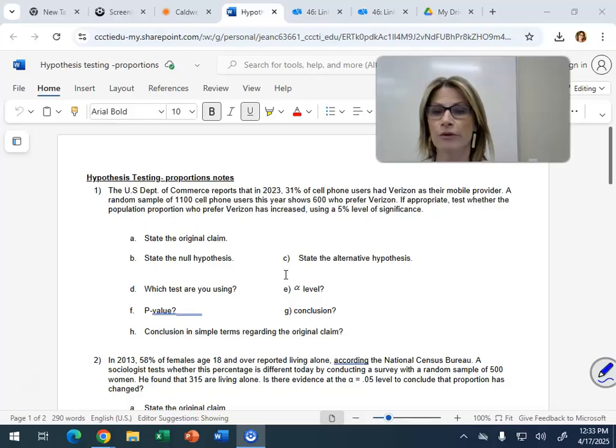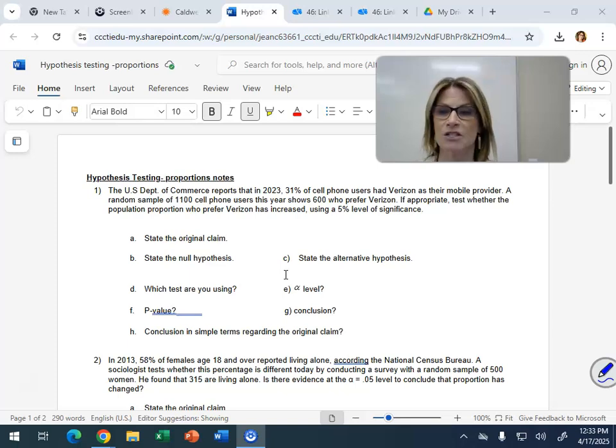So read. The first thing we notice is that it's talking about a claim here. The U.S. Department of Commerce reports that in 2023, 31% of cell phone users had Verizon as their mobile provider. A random sample of 1,100 cell phone users this year shows that 600 prefer Verizon.